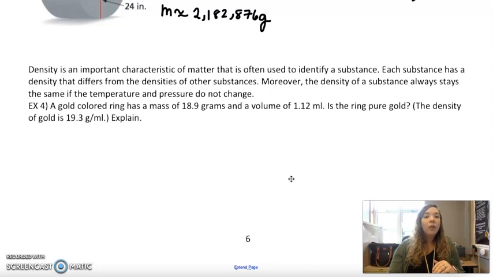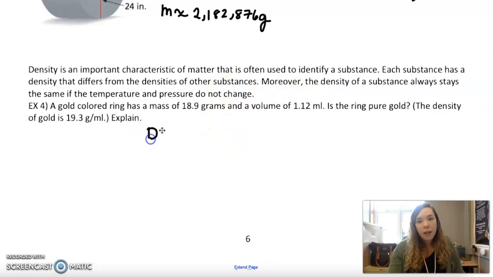So for a gold-colored ring that has a mass of 18.9 grams and a volume of 1.12 milliliters, is the ring pure gold? So we're going to find the density and then compare that to the density of gold, which is 19.3 grams per milliliter typically. So it looks like our units are the same, so we don't need to do any conversions.